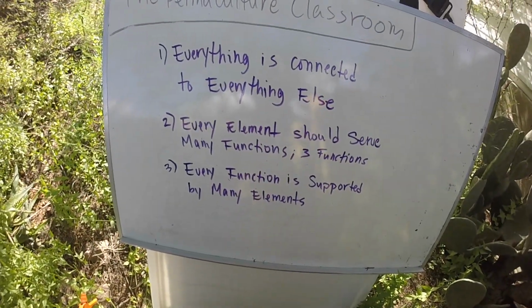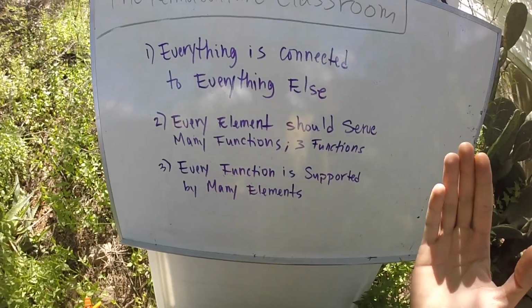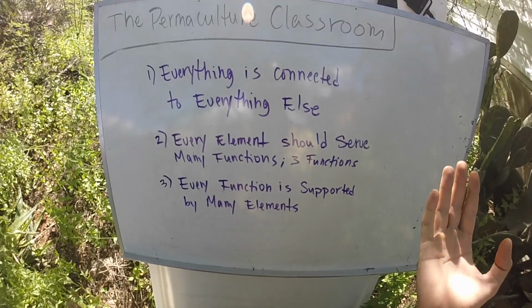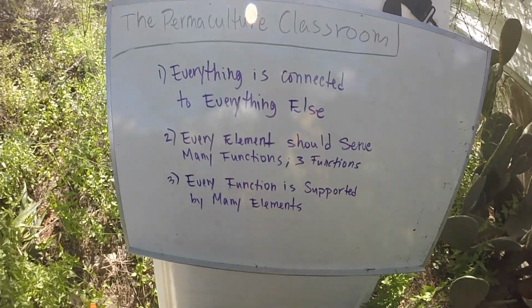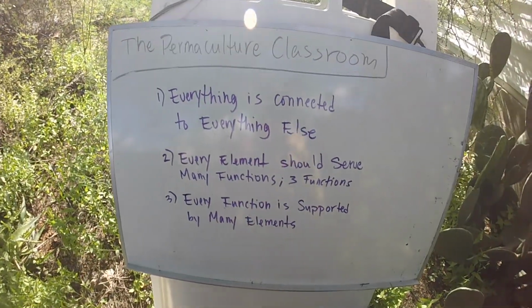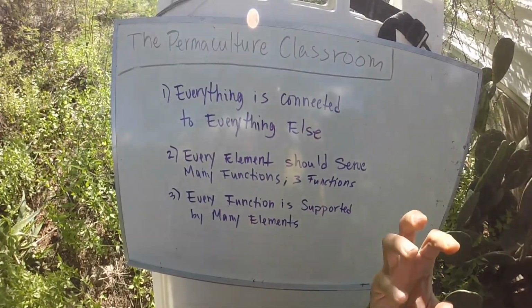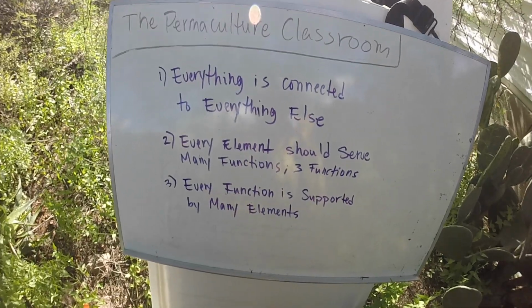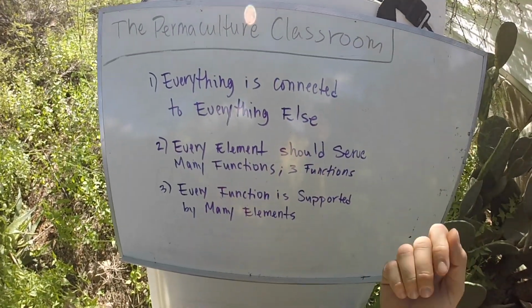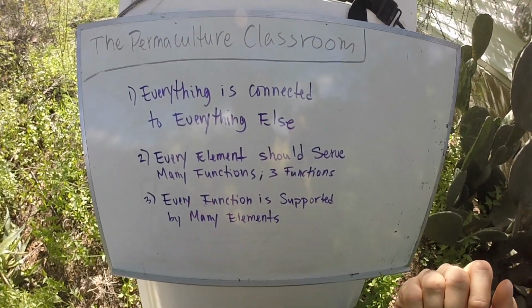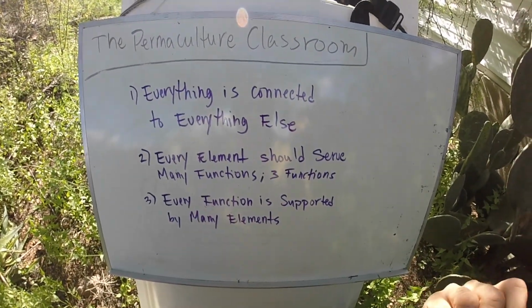The third one is we need functions to support elements. So every function is supported by many elements. For example, if we're going to plant a tree, we're going to plant the rain first. We're going to install a rainwater harvesting earthwork, plant a native edible tree, so that once it's established, we don't have to keep watering it with the municipal water supply.